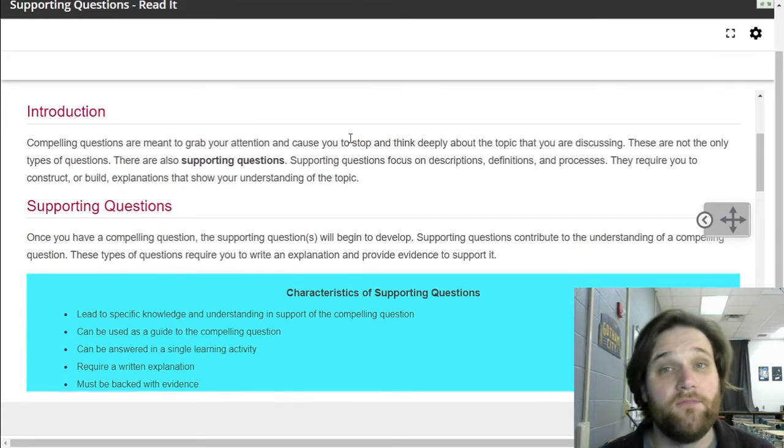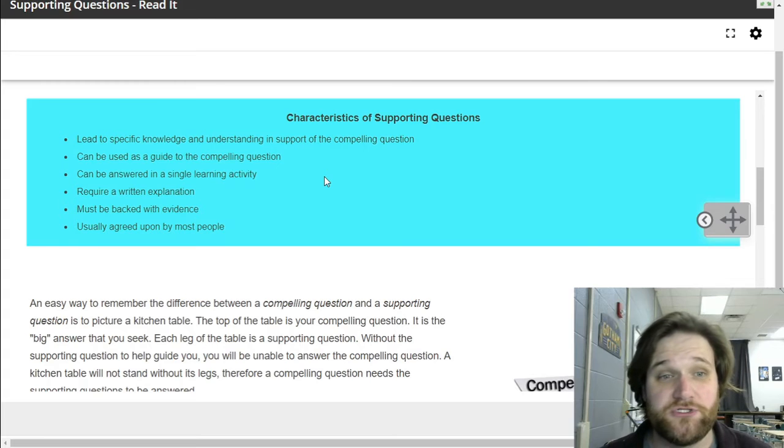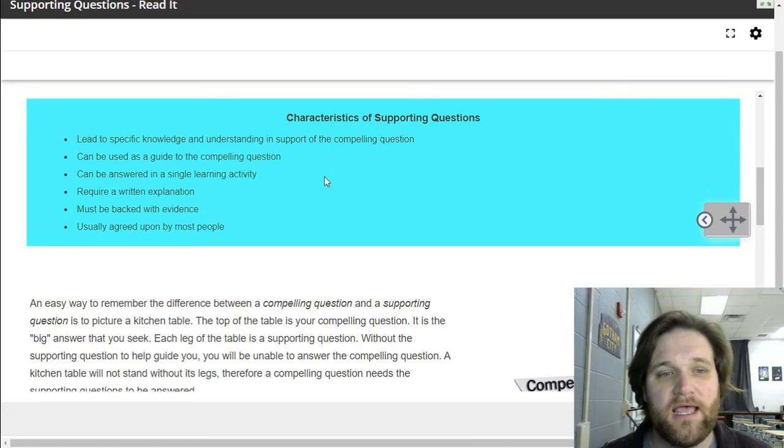Like I said, the deeper we have an understanding, the more clearly we can get to the big picture. So, characteristics lead to specific knowledge and understanding in support of the compelling question. Can be used as a guide to the compelling question. Can be answered in a single learning activity. Require a written explanation. Must be backed with evidence, and usually agreed on by most people.